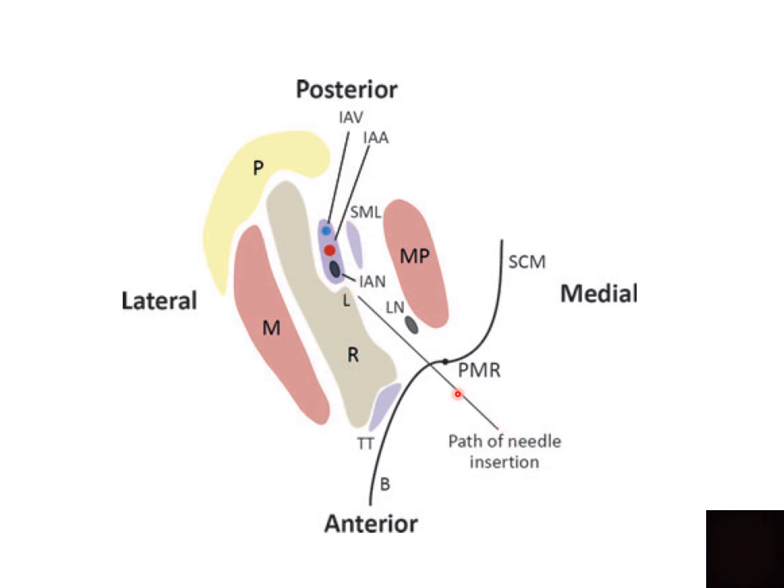So when you insert your needle into the pterygomandibular space, always make sure that you do not go too deep, otherwise you'll be very close to the parotid gland, and because the parotid gland contains branches of the facial nerve, you could cause paralysis of the facial nerve, which would obviously need to be recorded as a clinical incident and is highly undesirable. So we'll talk a bit more about the depth of needle penetration in the later slides.